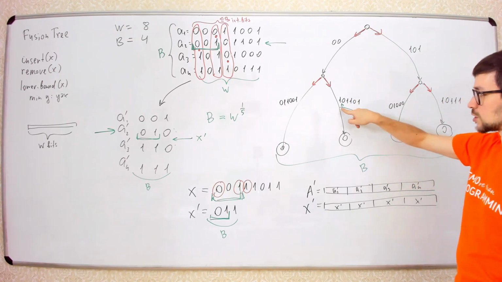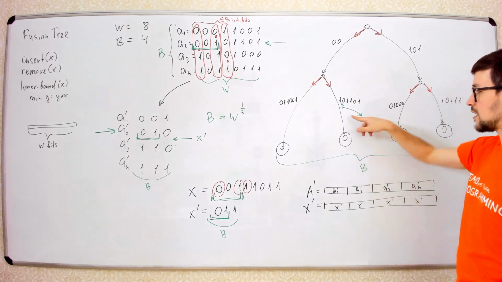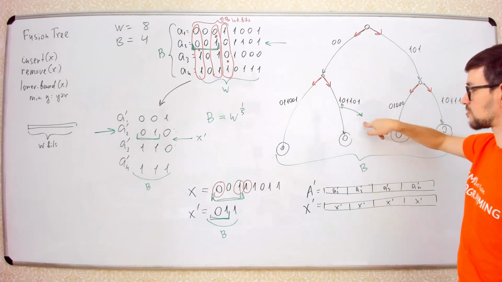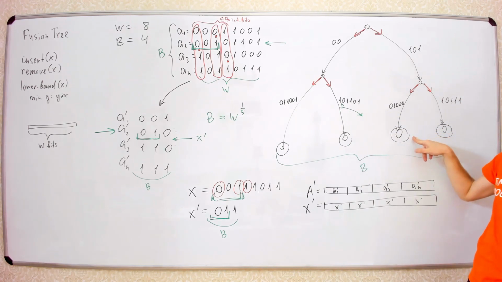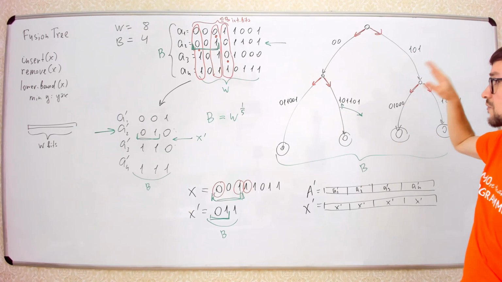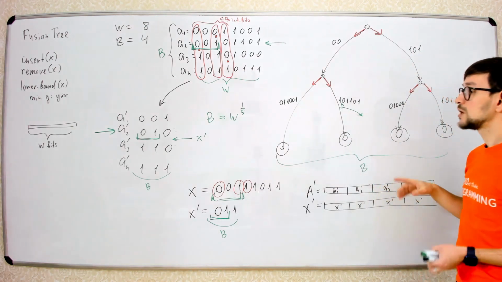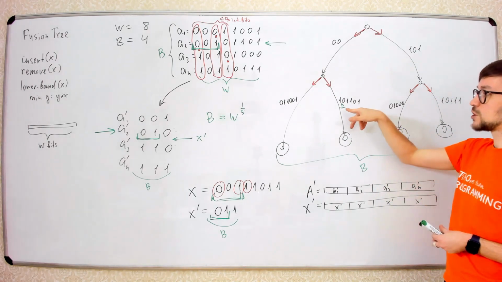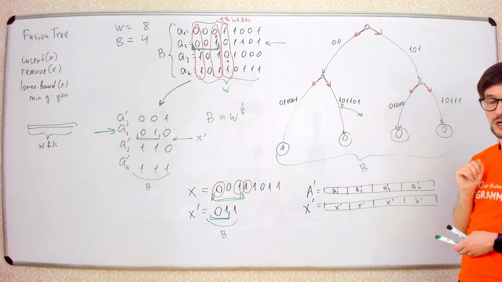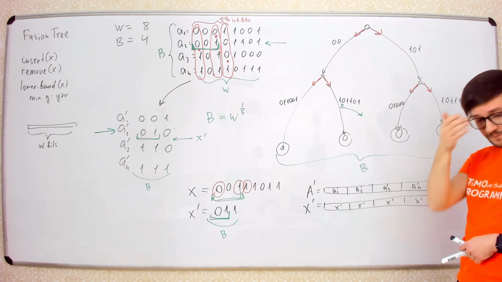If I know the position where I go away from the trie, I know the lower bound, because I know that if I go away from this position to the right, this will be the next element in my array, right? So I can pre-calculate all this stuff, and it's actually not that hard. So if I know the position where I left the trie, I can actually pre-calculate the lower bound.